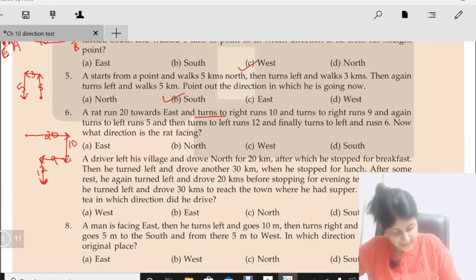Finally, turns left and runs 6. Now, what direction is the rat facing? The rat is facing the eastern direction. Okay?